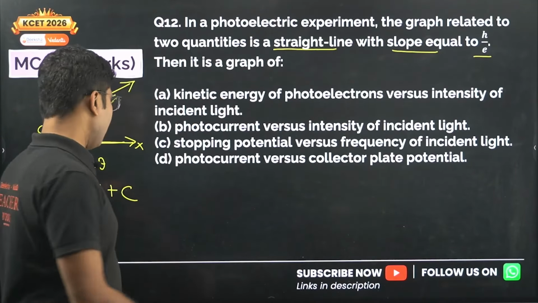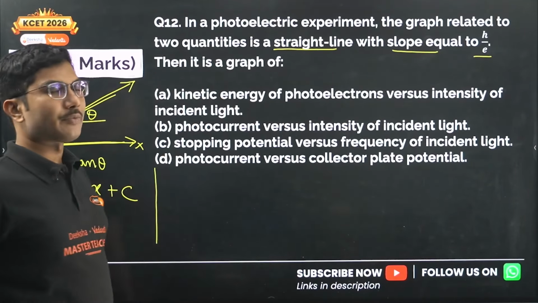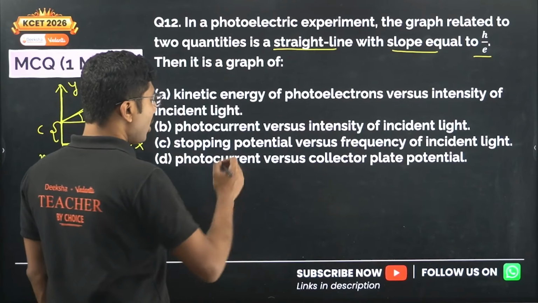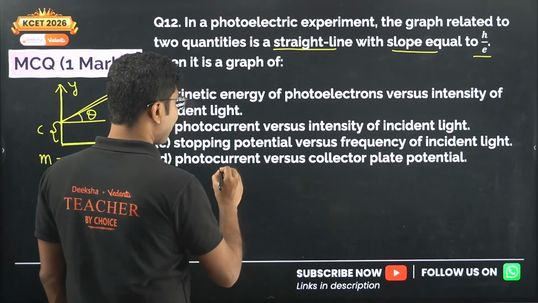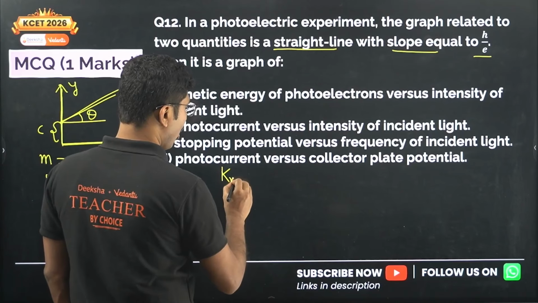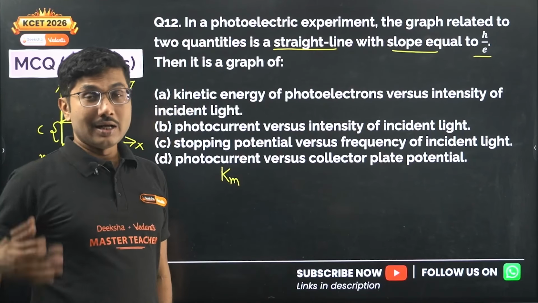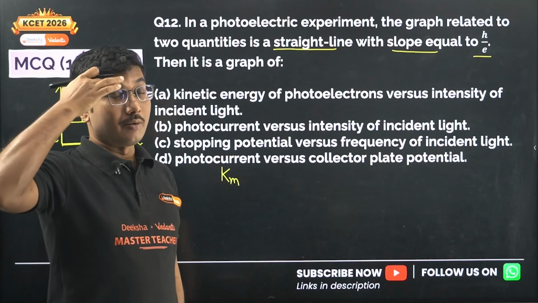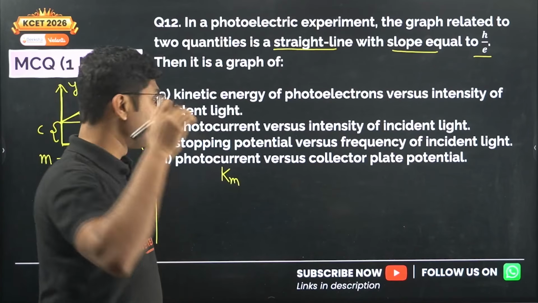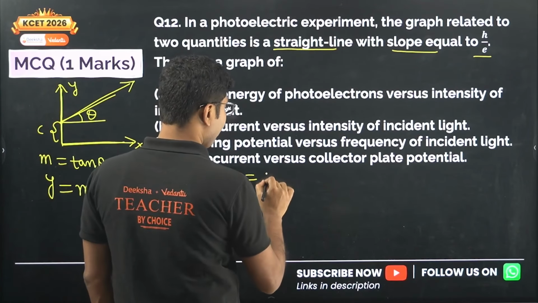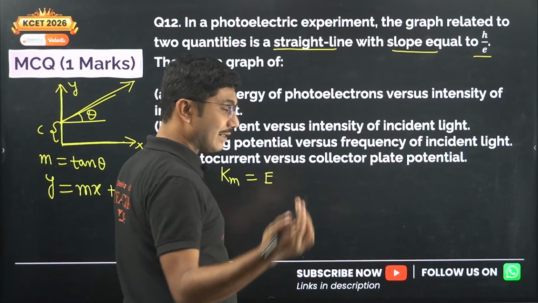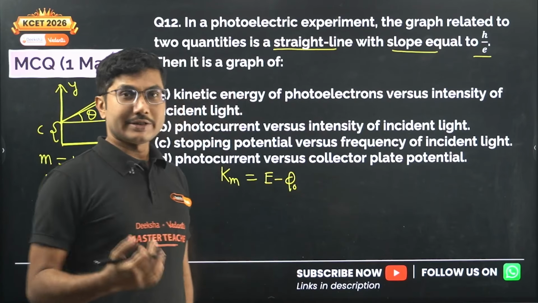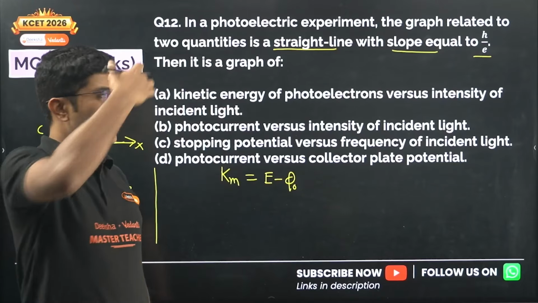Now we know that photoelectric means we have to use the photoelectric equation. So what is the photoelectric equation? Photoelectric equation states that the maximum kinetic energy of an electron emitted during photoelectric emission is equal to the energy of the incident photon minus the work function.